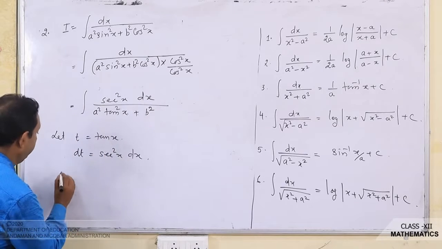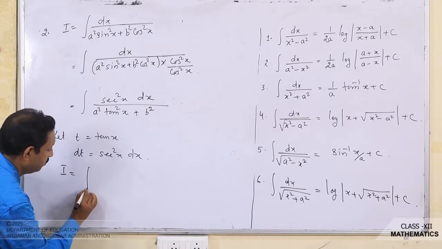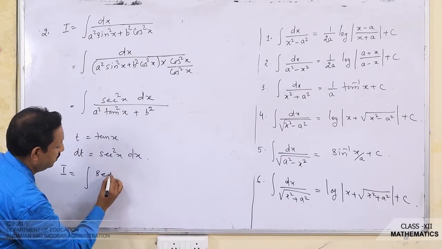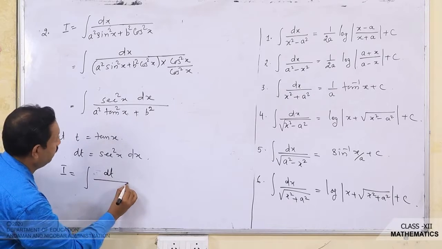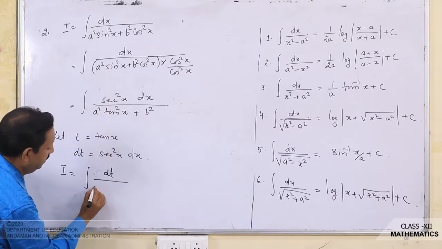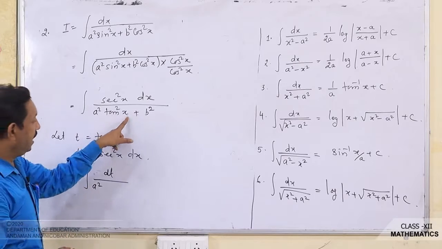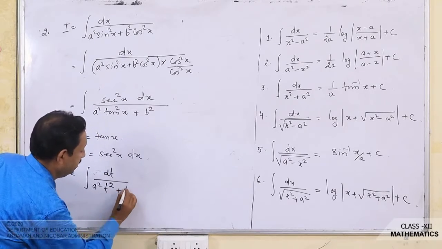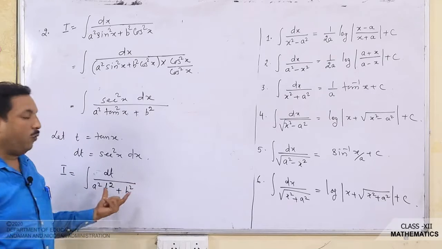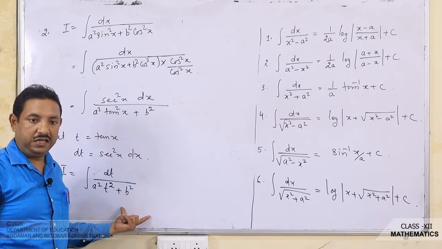So our integration I is equal to dt upon a square t square plus b square. Now I have changed the variable to t.